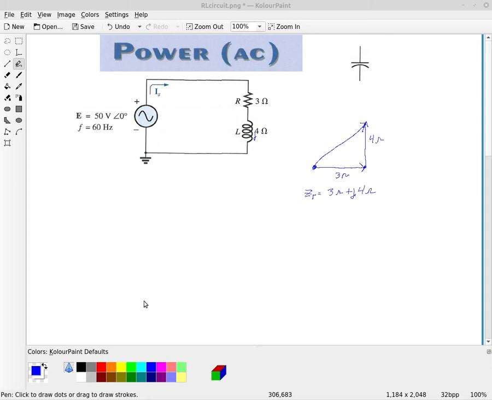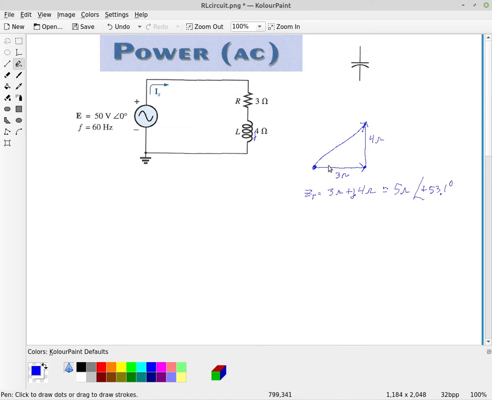And so the magnitude of this is going to be 5 ohms with an angle of plus 53.1 degrees.